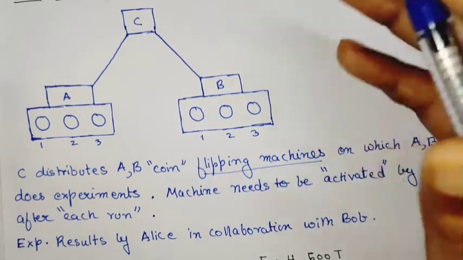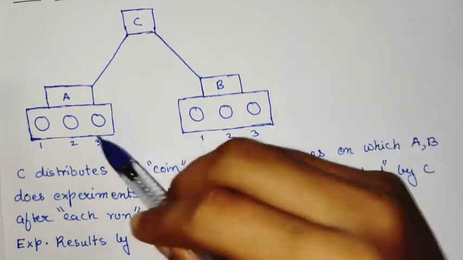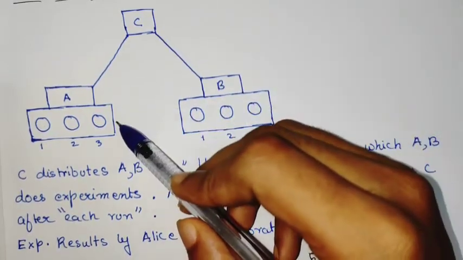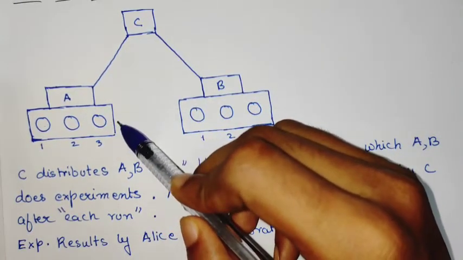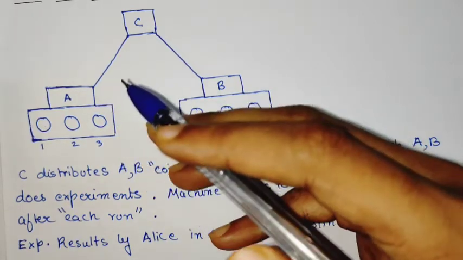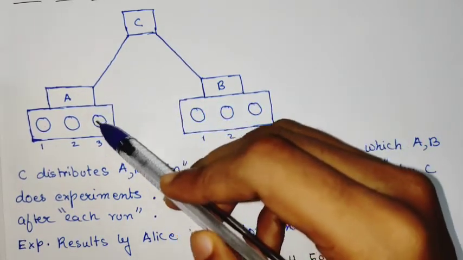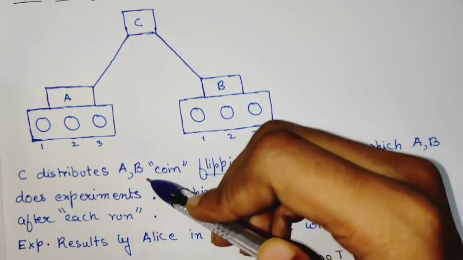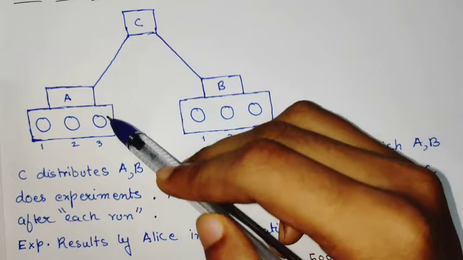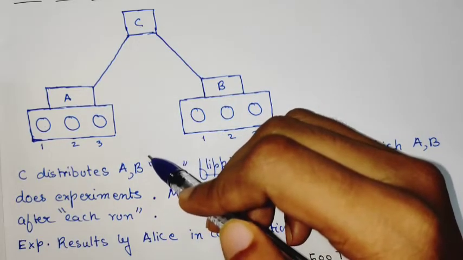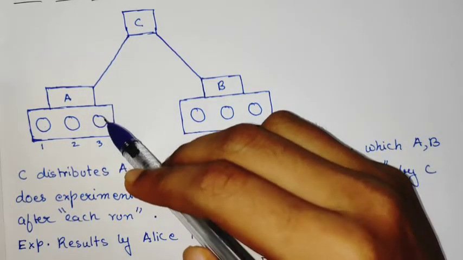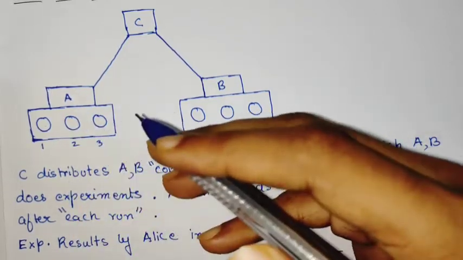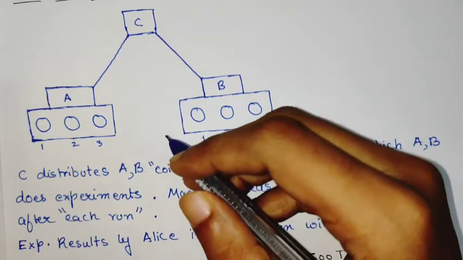So at every run, Alice presses a switch. Same goes for Bob. Anyone can do that. When they press a switch, they have to talk or collaborate with Charlie first to activate the machine. They have to do that before every run they make. When the machine switches on, it asks Alice which coin she wants to uncover.